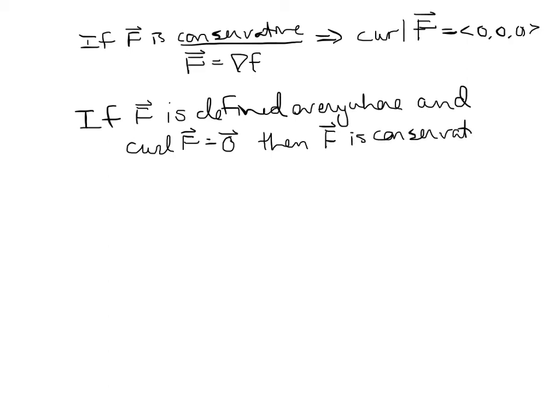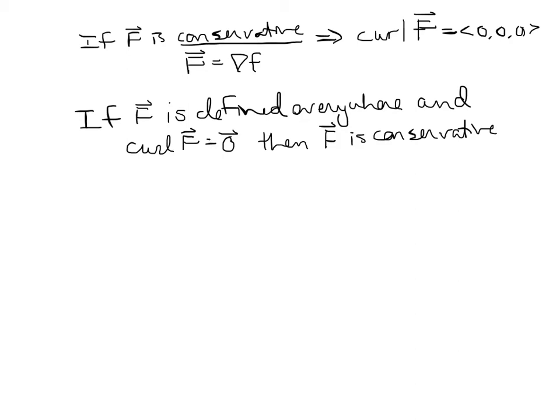And remember that what this does for us is if this is true, then we can apply the fundamental theorem of calculus, and we don't have to actually evaluate a line integral. We can just find a start point and an end point and plug in values. So this is a nice fact, but these very specific things have to happen in order to take that shortcut.